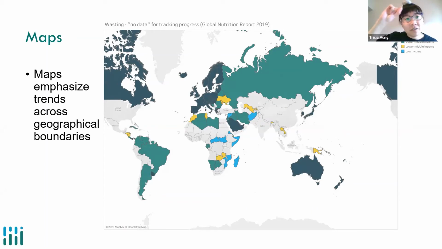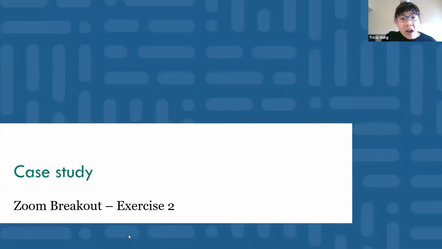So instead of organizing subnational regions in alphabetical order, you may purposely want to arrange the data so that the highest performers are at the top and the lowest performers are at the bottom. So I'm going to pause here, and we're going to proceed with exercise 2.